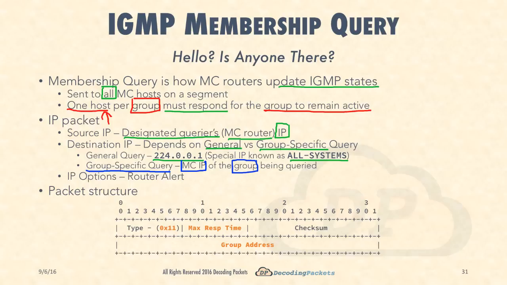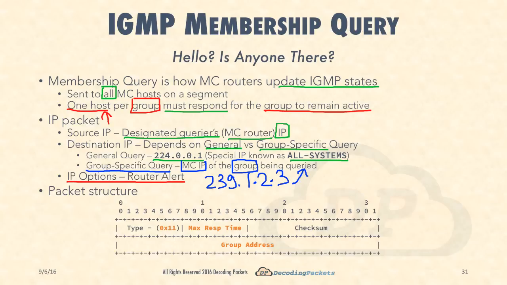So suppose we receive a leave group message for 239.1.2.3, then this would be the IP used as the destination IP in a group specific query. And once again, there is a router alert option built in, because you don't want multicast hosts or other routers to drop this message. You want them to process it.